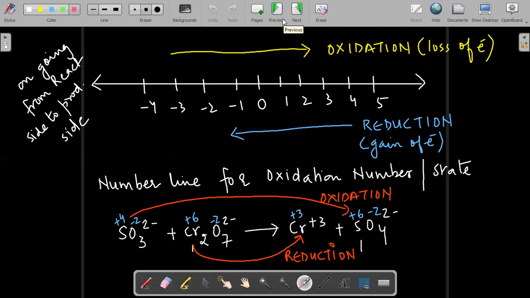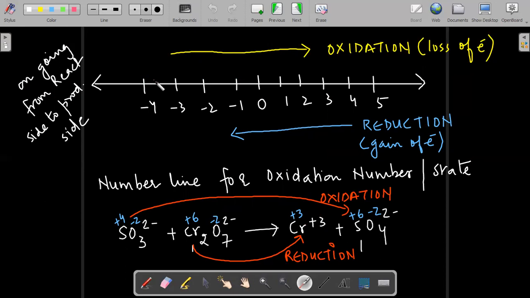Now, how to identify the oxidation and the reduction process? If you remember, oxidation and reduction are also categorized in terms of gain or loss of electrons. So what you can simply do is, always move from reactant side to product side.